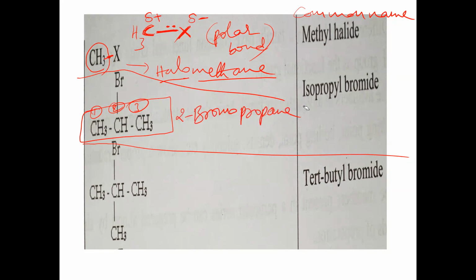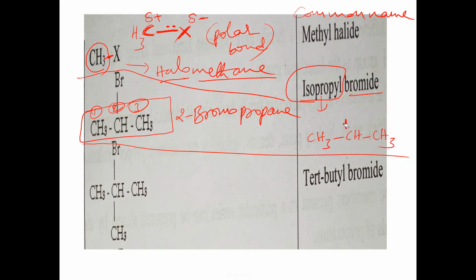But the common name is isopropyl bromide. Why isopropyl? Isopropyl group means a free bond on this carbon with CH3 groups on either side. It is called the isopropyl group.